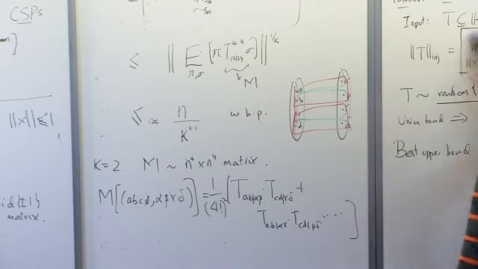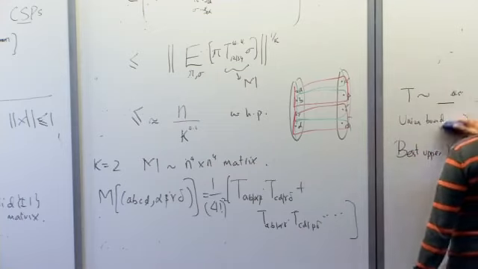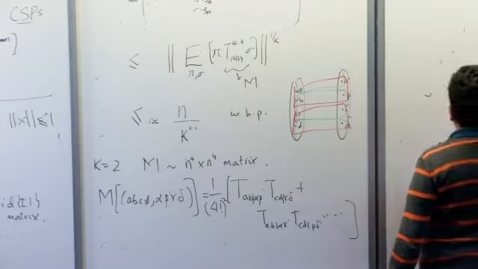We'll take the fairly straightforward approach to bounding the spectral norm, which is to just use the trace method.